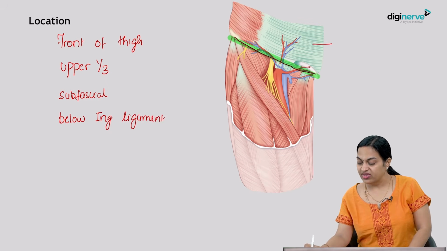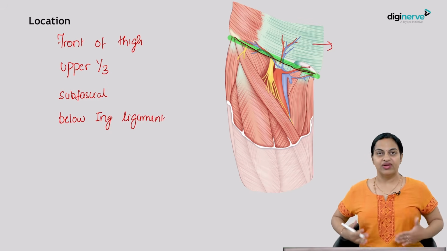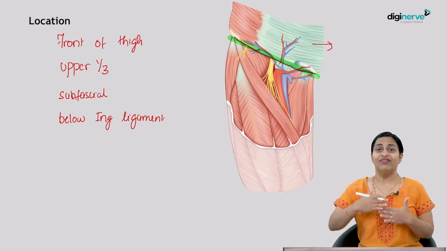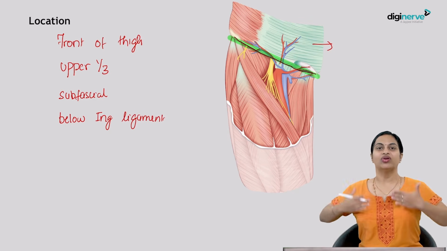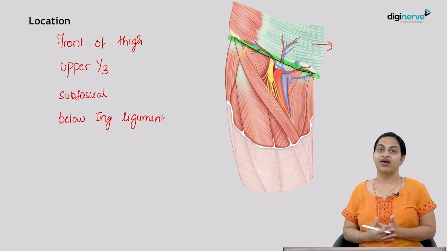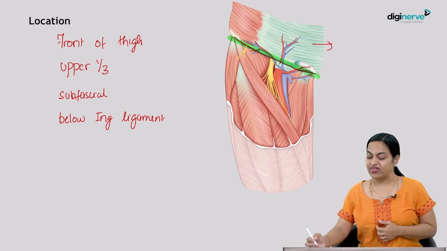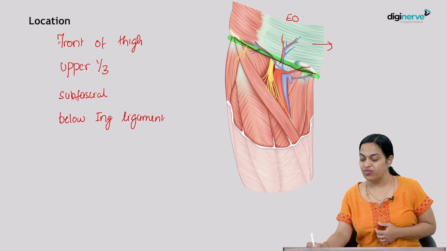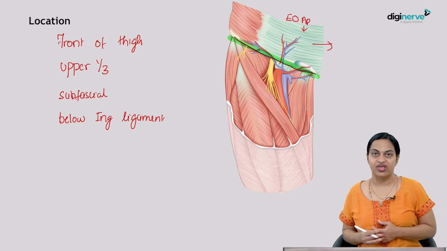So, yes, this is the region of the anterior abdominal wall where we have three flat muscles from outer to inner: external oblique, internal oblique, and then the transverse abdominis. The external oblique muscle forms the upper aponeurosis as you see here.